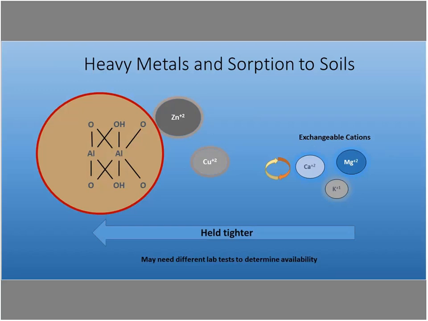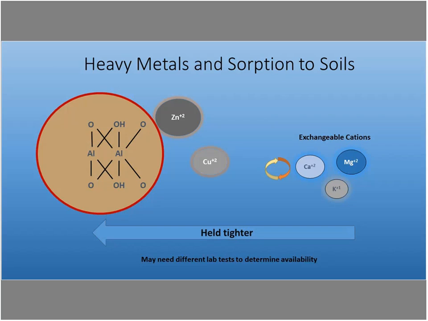It differs a little bit with metals, and this can actually be a good thing because it means they're not floating around the soil water, but things like zinc and copper can actually get closer to the soil particle. So out there on the right, you see that calcium, magnesium, potassium, all plant nutrients. They're further away from the soil particle.